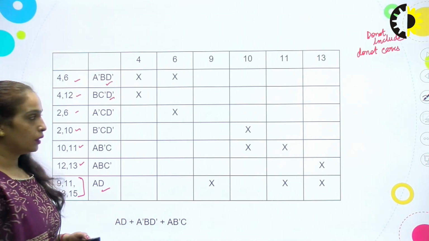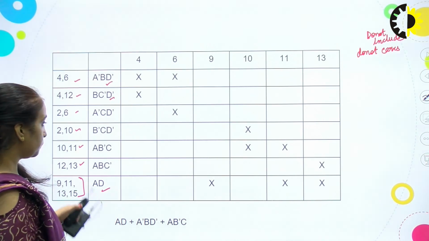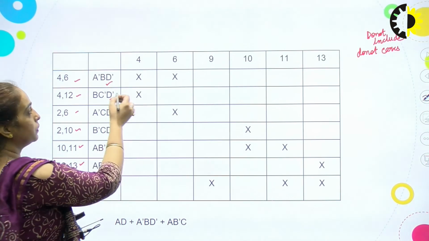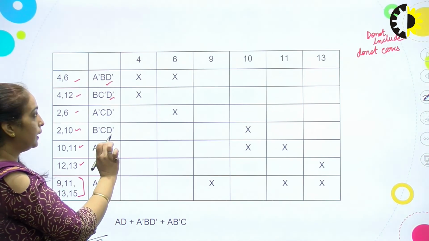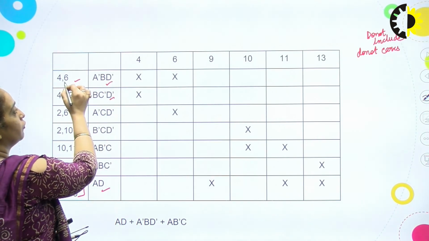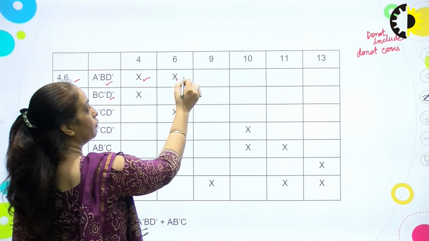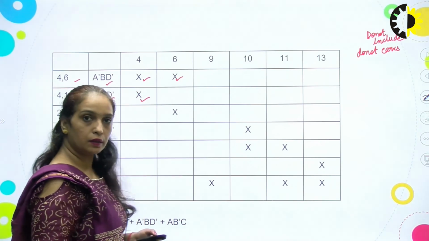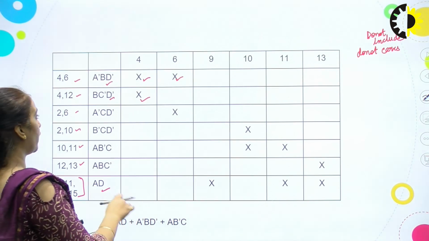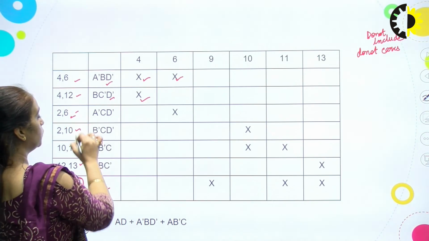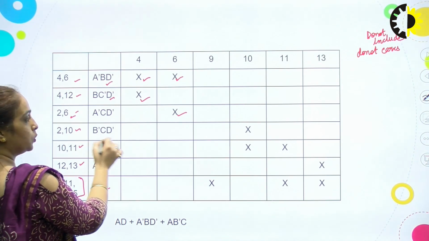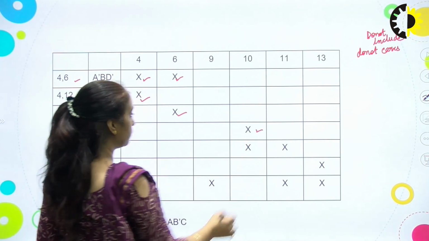Now, mark all the terms involved under these values. For 4 and 6, I have marked 4 and 6. Then 4 and 12, 12 is a don't care, so you don't have to worry about that. Then 2 and 6, 2 is a don't care, 6 is marked. 2, 10, 2 is a don't care, 10 is marked.